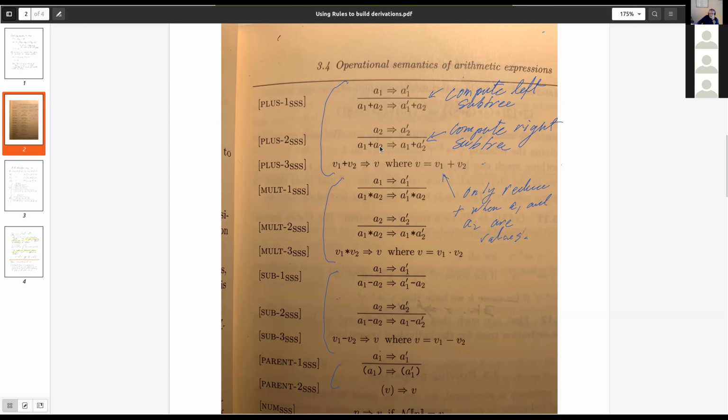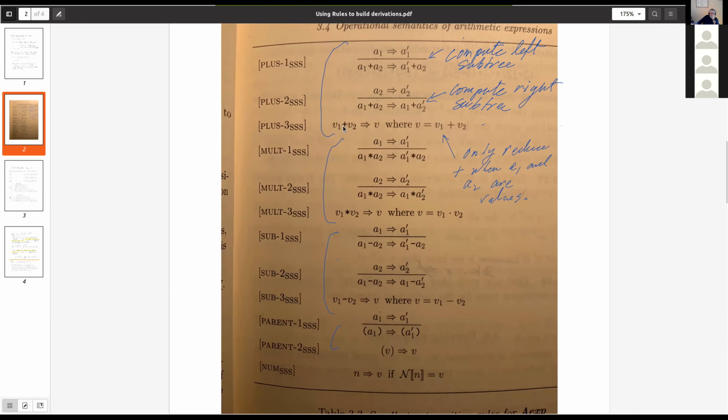And in this one, I choose to do something in the right subterm. So A1 plus A2 goes to A1 plus A2 prime, because A2 goes to A2 prime. And the only time you ever actually eliminate a plus sign in doing the semantics is when you've already computed the left subterm to a value and the right subterm to a value.